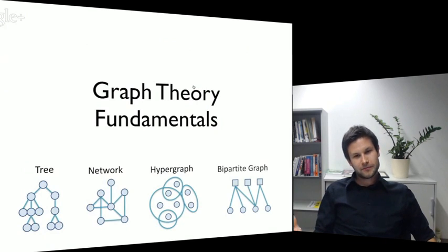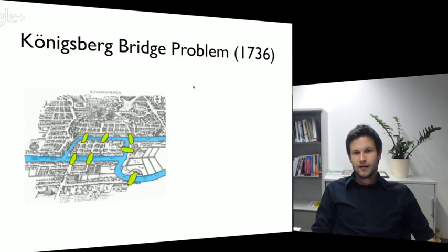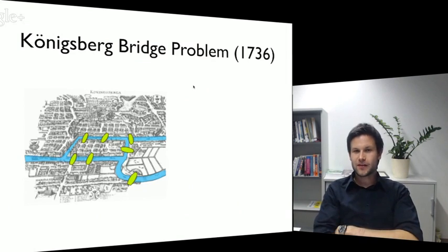Okay, now before I show you what we can do in terms of representing a graph, some really basic stuff about graph theory. Let me start with an example. So there's the Königsberg bridge problem. I'm not sure who of you heard of that.